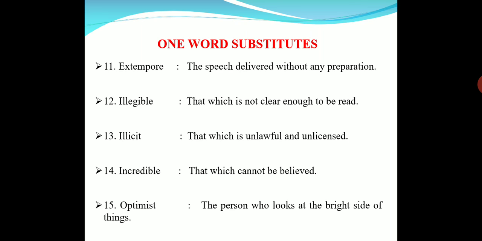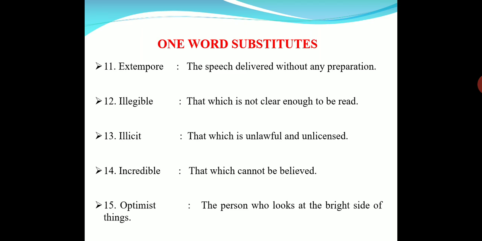Illegible. That which is not clear enough to be read. When some people write, we can't understand. That means it's not neat. Especially when there are medical prescriptions, when we want to read, we can't understand, because the names themselves are very new to us, and also because of the illegibility.